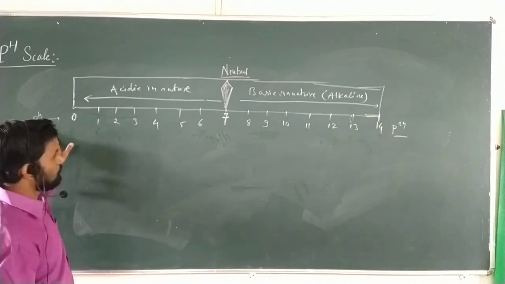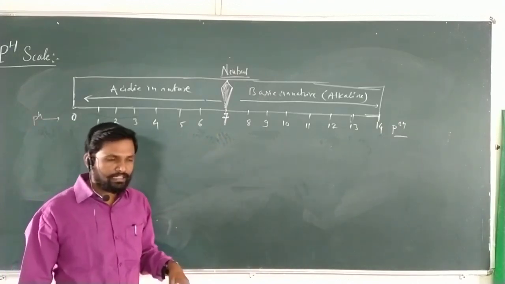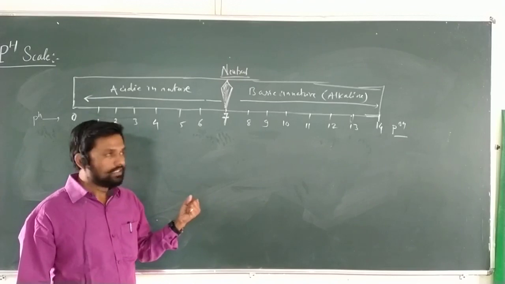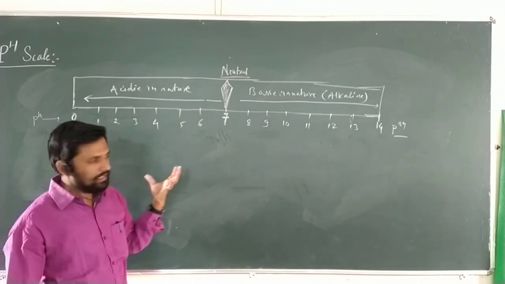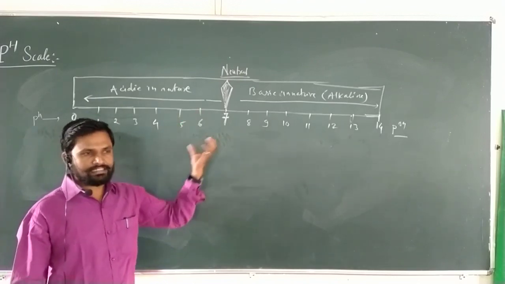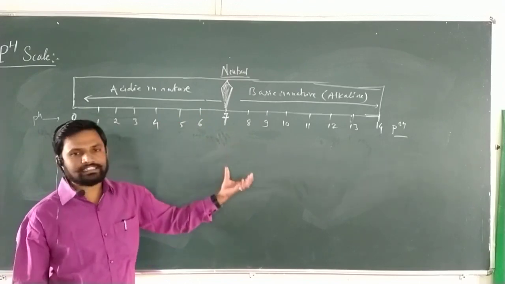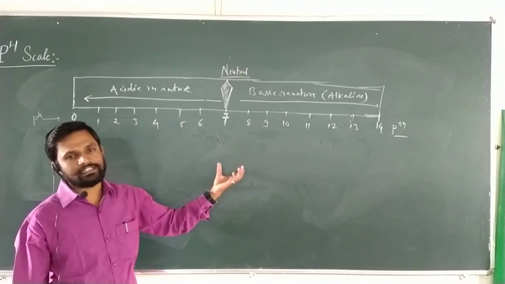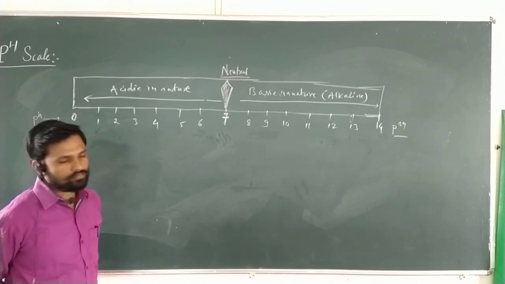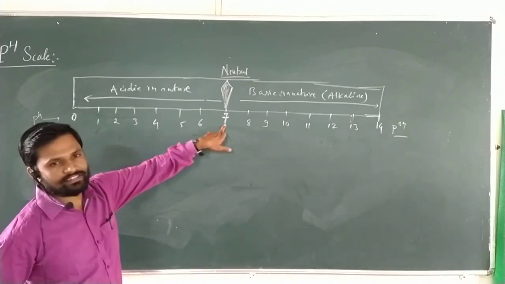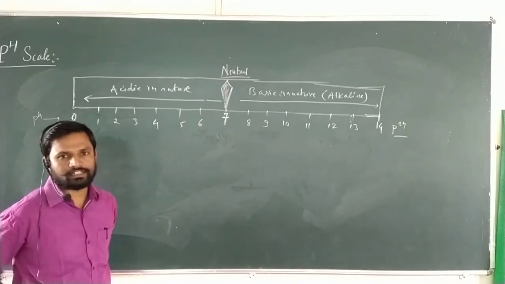From these ranges we can say the pH scale measures acidity as well as basicity of the given substance in an aqueous solution. If pH is equal to 7, it is neutral in nature.